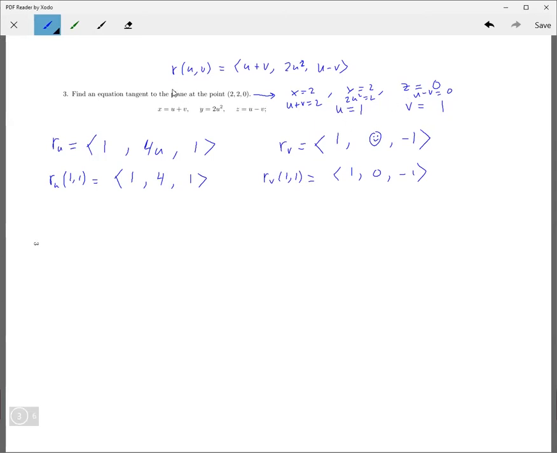Now to find the tangent plane, do you remember what vector is good to find the equation for a tangent plane? Does anybody remember that?